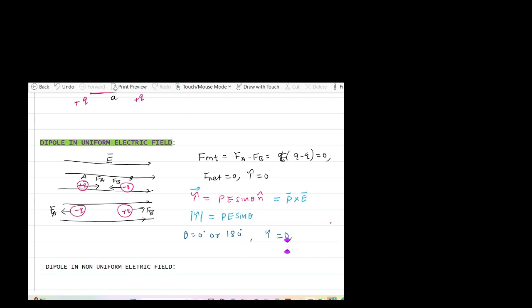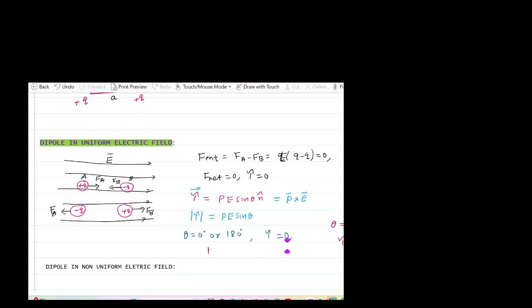Whereas theta is equal to 90, that means the dipole moment is perpendicular to the electric field direction, then tau is maximum, which is equal to pE.